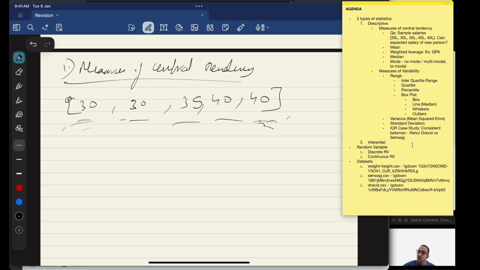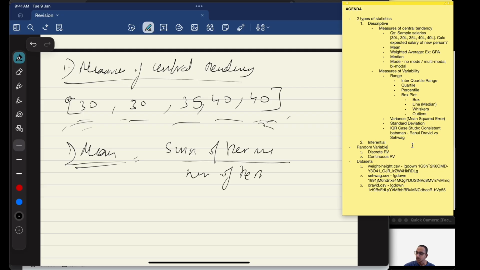So we'll look at mean. Mean is nothing but sum of terms divided by number of terms. We already learned this when we were in school.